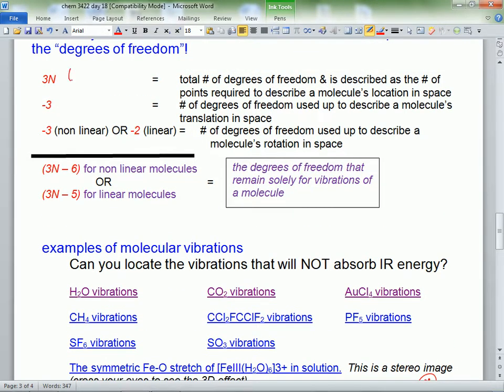This part would be 3 times 3, because there's 3 atoms. Okay, so you have 9. And now am I going to subtract 3 for translation? Now do I subtract 3 or 2 more?